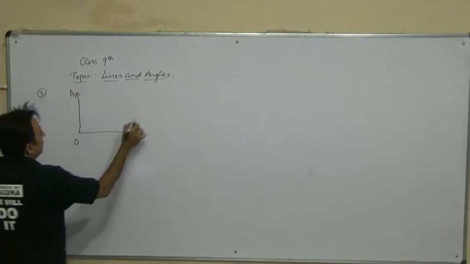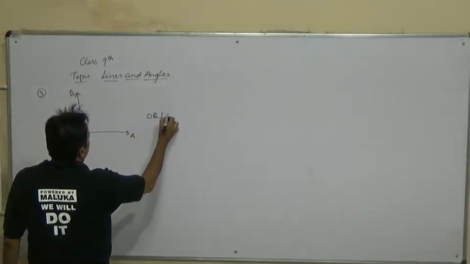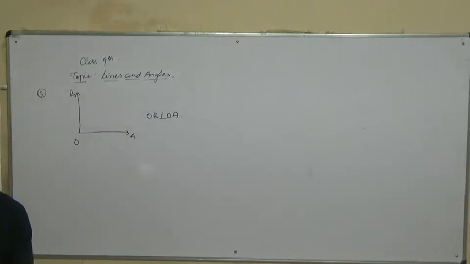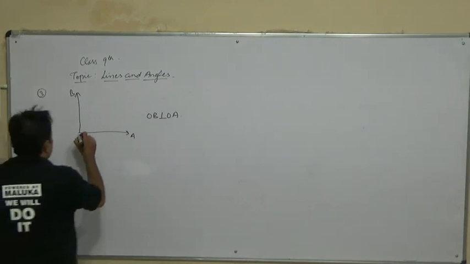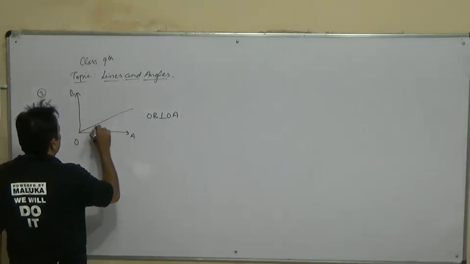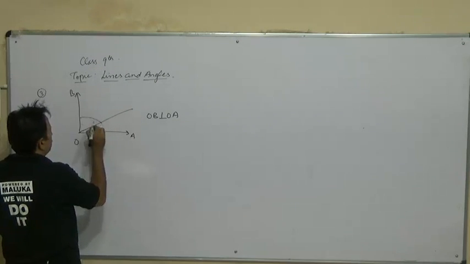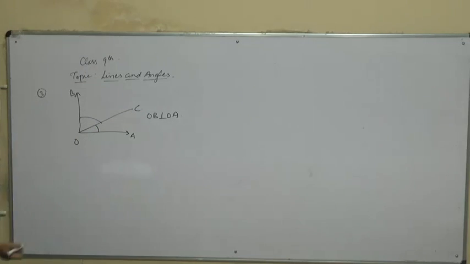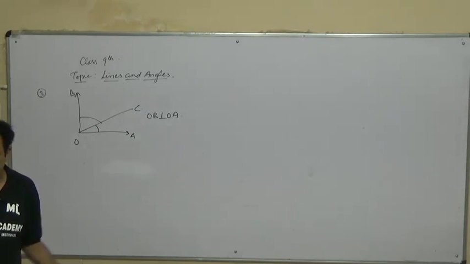We are given that AOC and BOC are complementary angles, because their sum is 90 degrees.